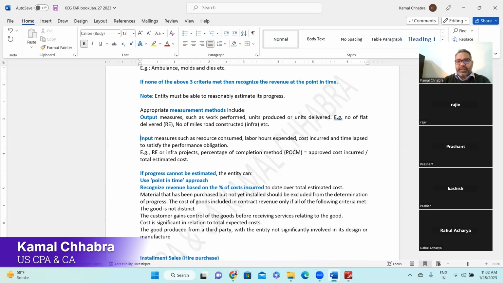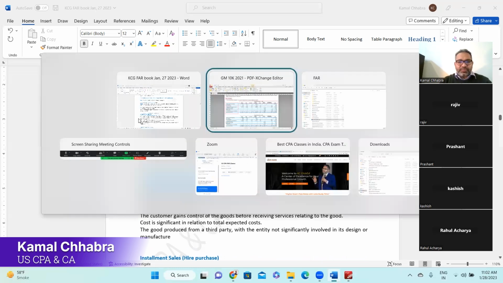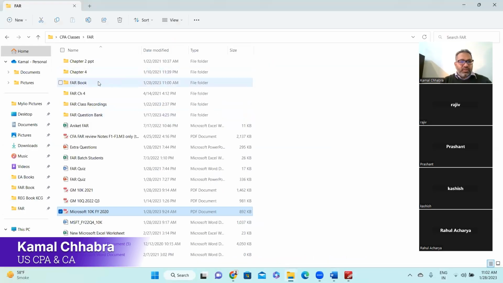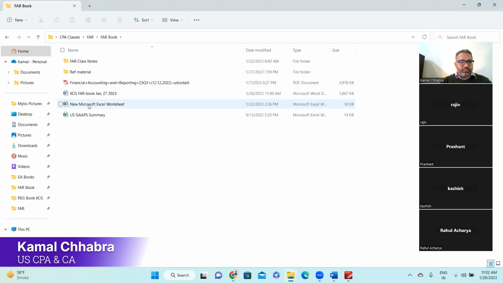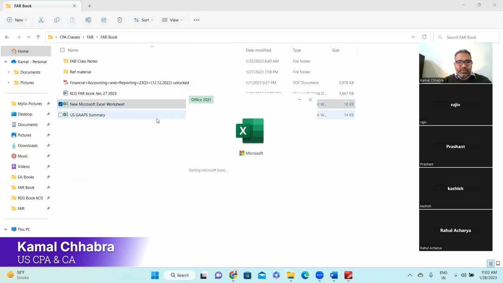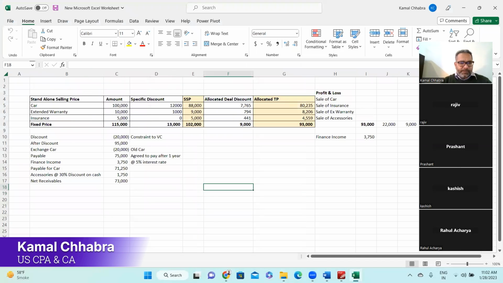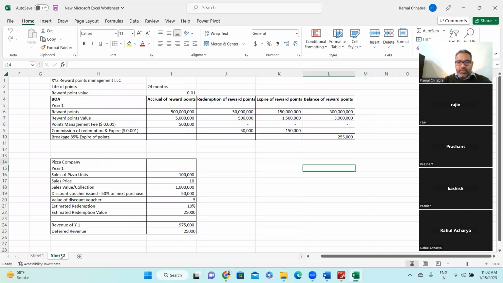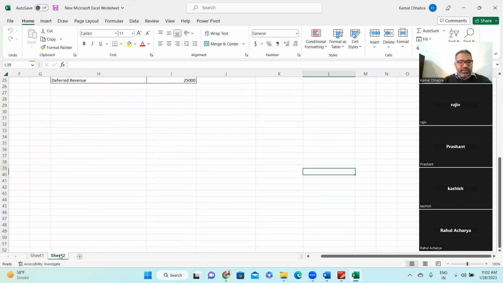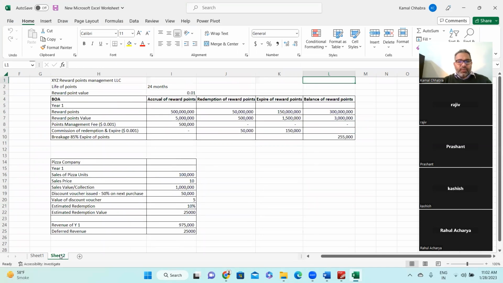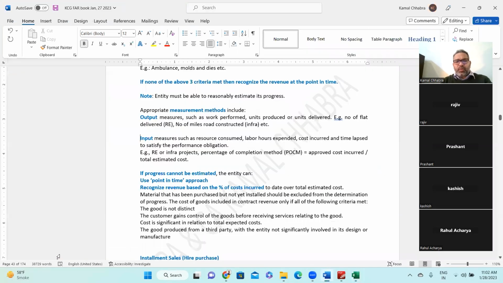Do you remember that construction contract example which we have discussed in the last class? Yes, sir. Let me see if I have that. Let's see if we have that or have we deleted it. I think we have removed that from the Excel sheet, but I think in the notes you have that.